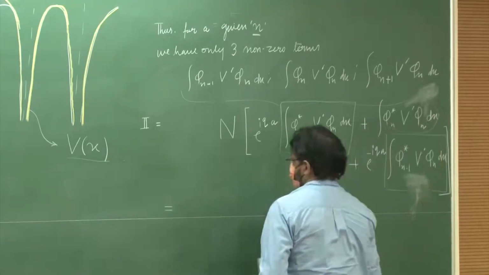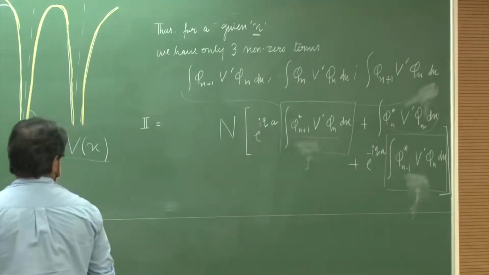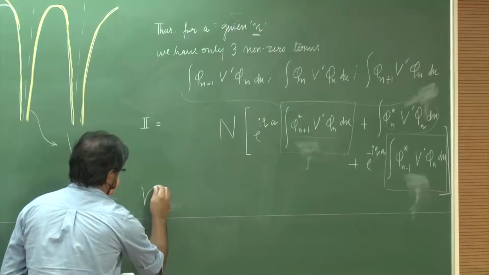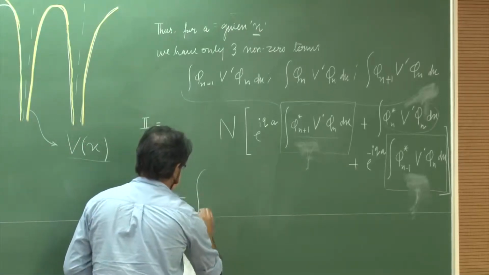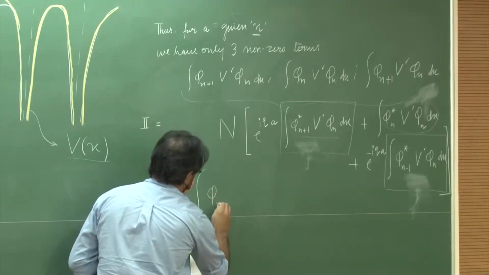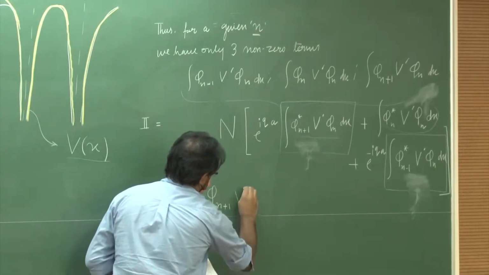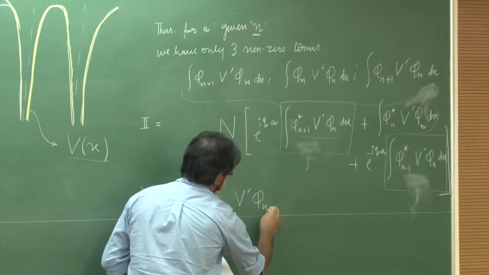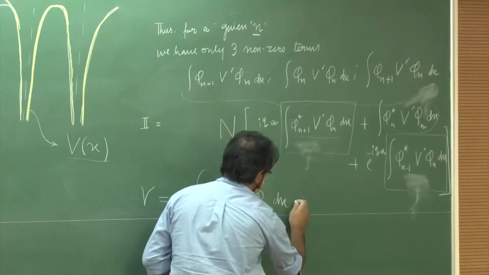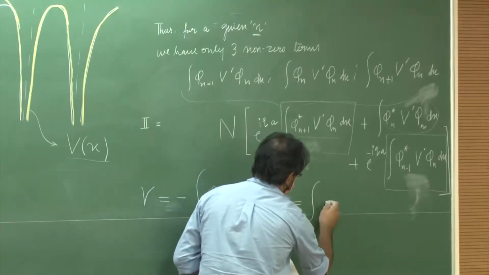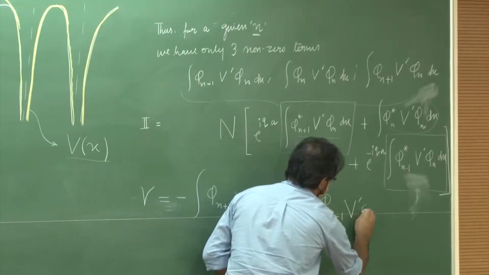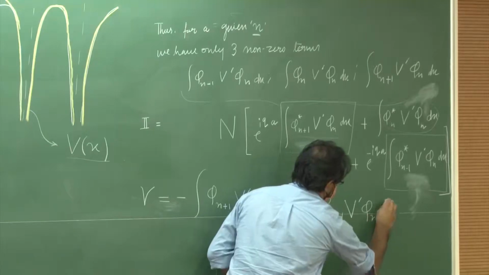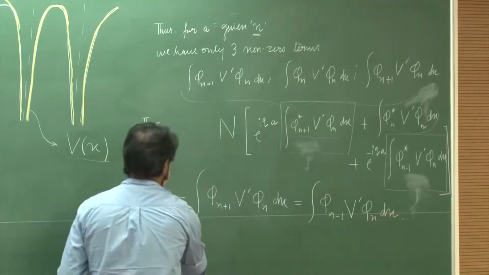We take gamma equal to minus integral phi n plus 1 v prime phi n dx, which is equal to integral phi n minus 1 v prime phi n dx.